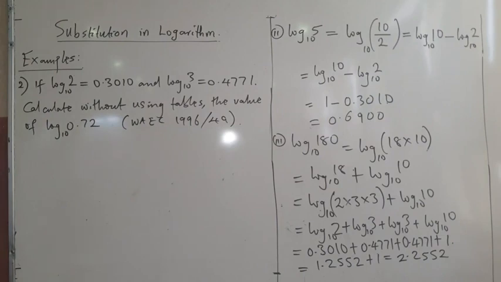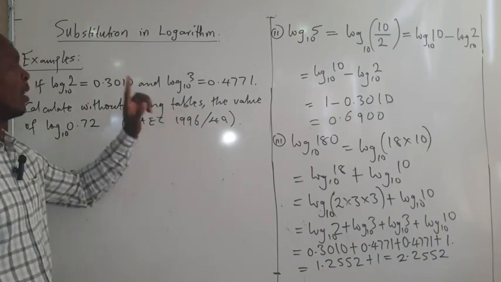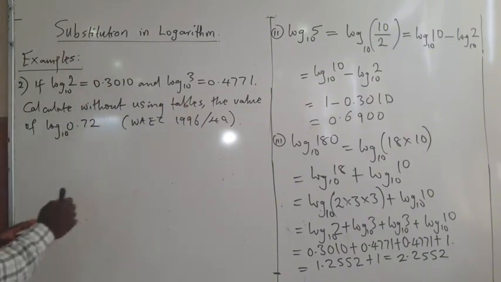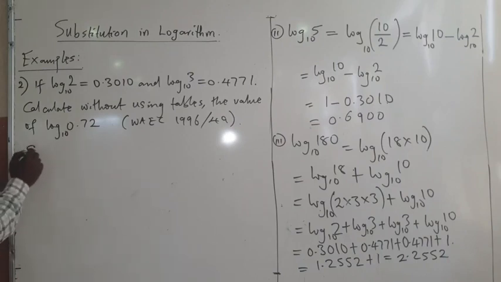Calculate without using tables. I've told you, using tables means it's either 4-figure tables or calculator. So the value of log 0.72 base 10.